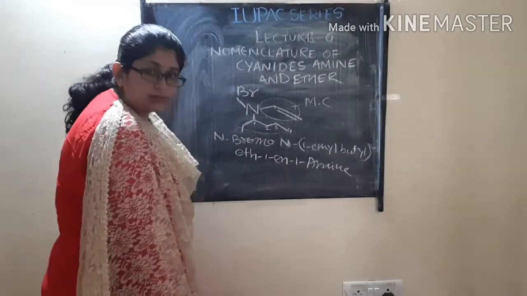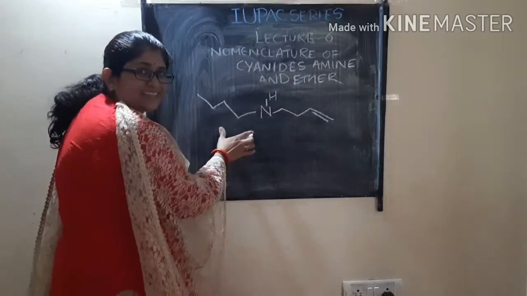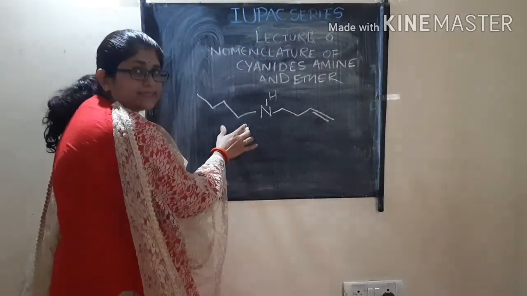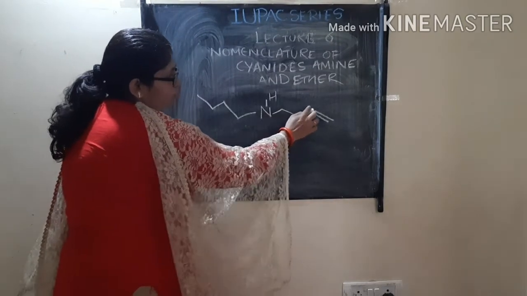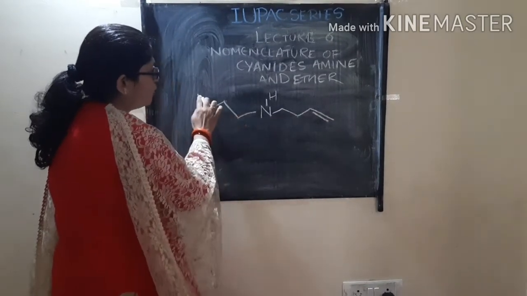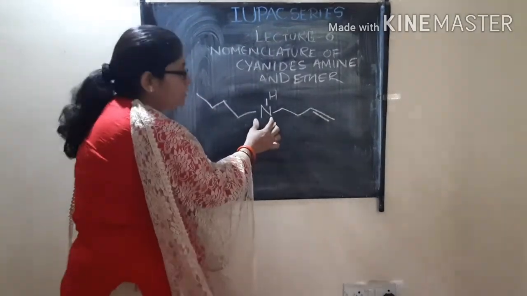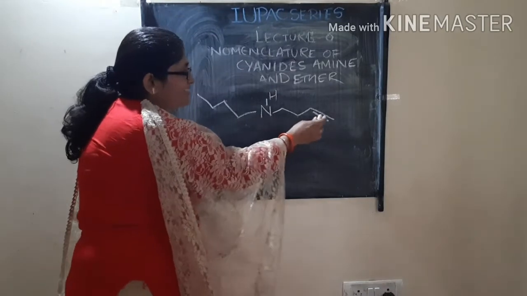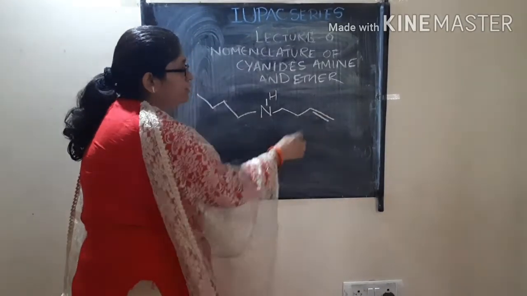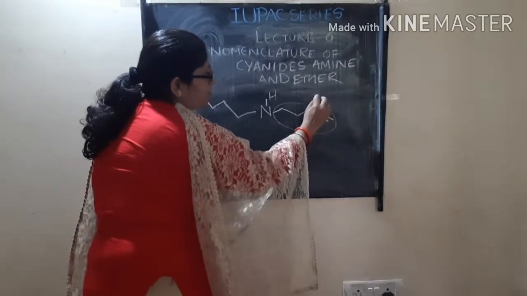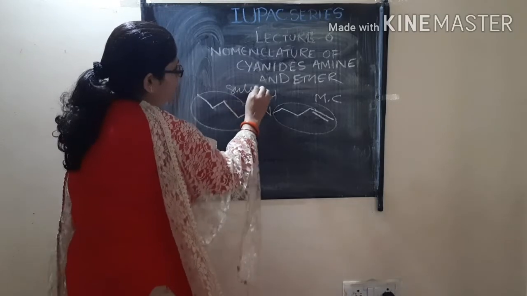Understood students? Look here, let us take this example. How many carbons here? 1, 2, 3, 4 and 1, 2, 3, 4. So the same number of carbons around the nitrogen atom, but this one has a double bond, so it will be the main chain and the other will be the substituent.